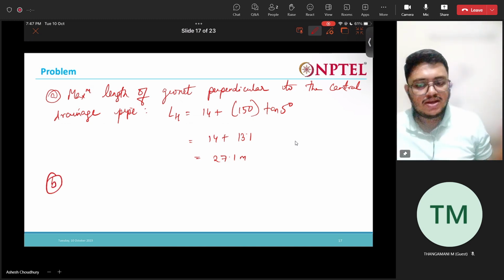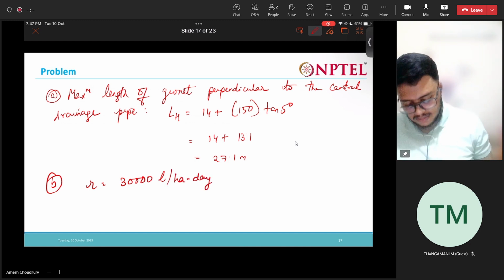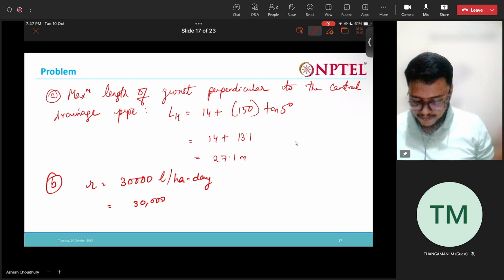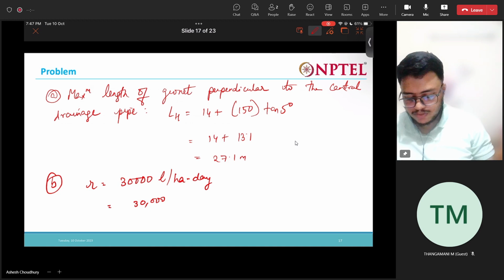Now the inflow rate is given in the question, 30,000 liters per hectare per day, right? Now how to convert liter to meter cube?